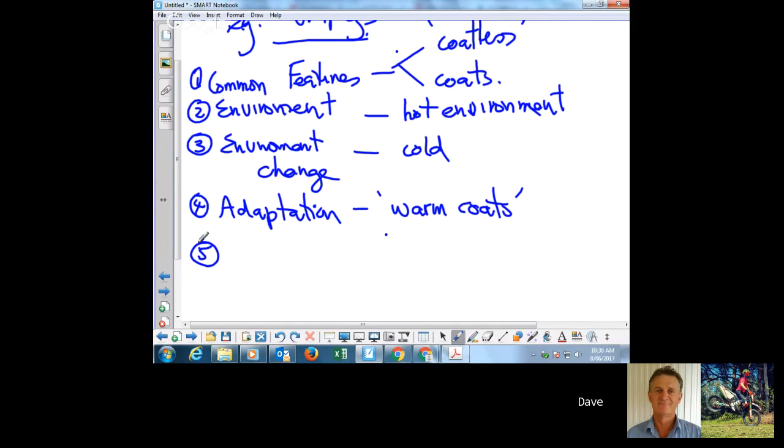And how did that help them? Warm coats to survive, by keeping warm. And they're able to reproduce.